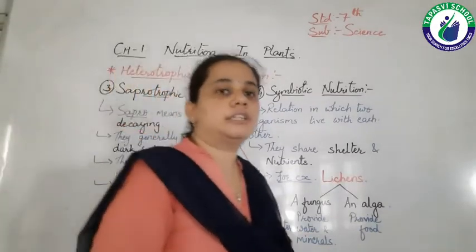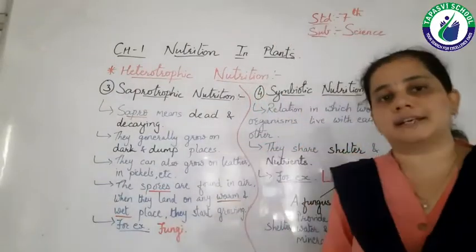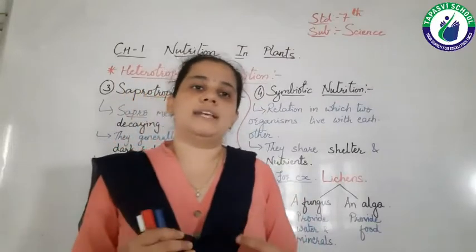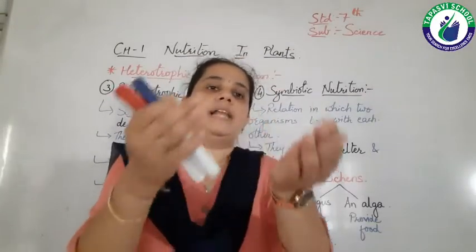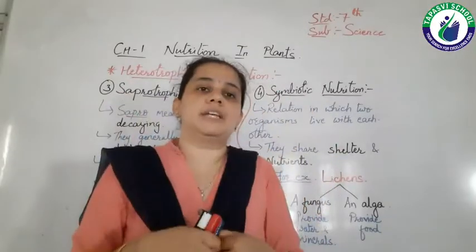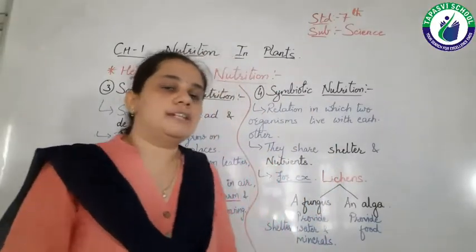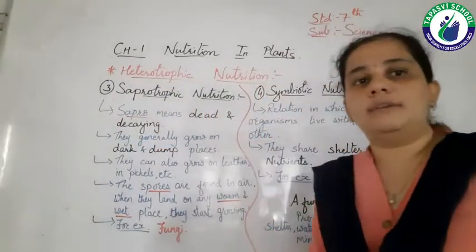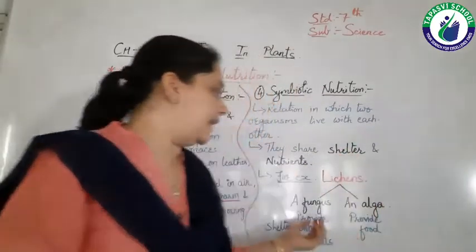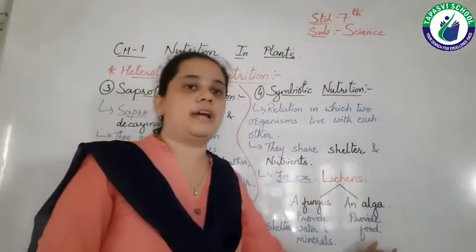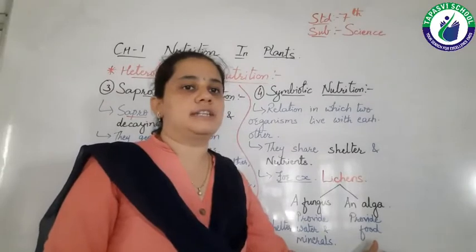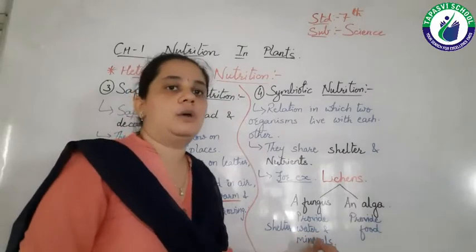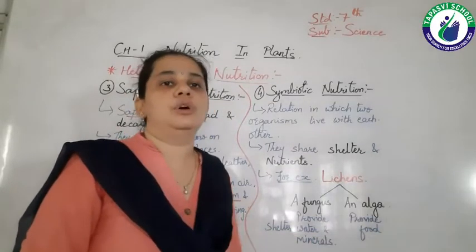So here both organisms have a mutual understanding: one is giving something to the other while that organism is giving something to the first one. They both live together. In the example of lichens, the alga will provide food as it can do photosynthesis, and the fungus will provide shelter, water and minerals to the alga.